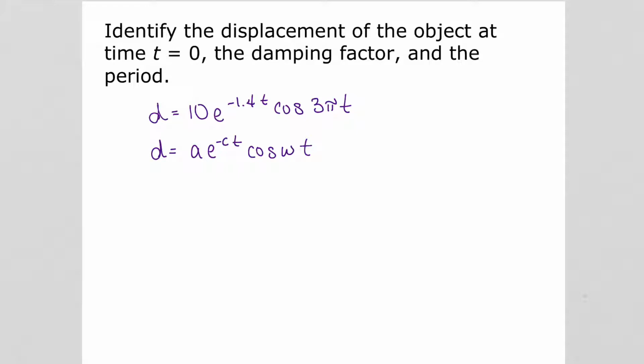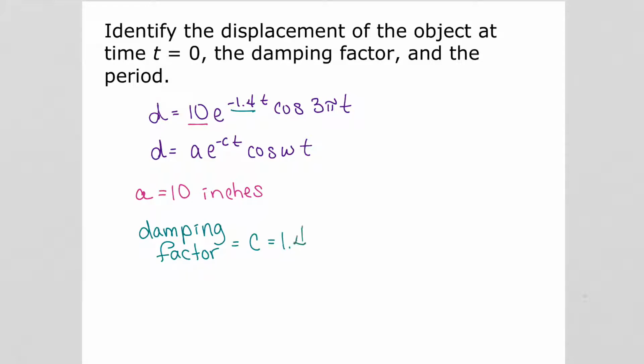So the displacement, A, is just 10 inches. The damping factor, that's C, and where is C on here? Up there, negative 1.4, or actually just 1.4.